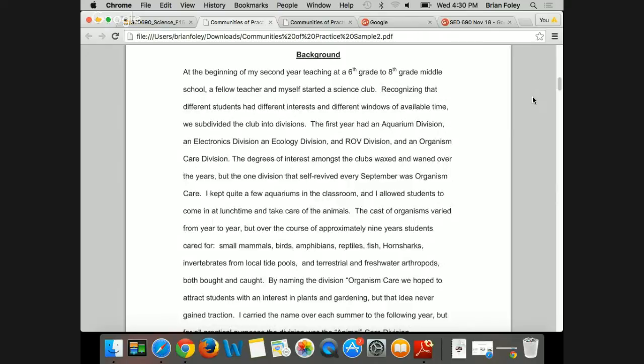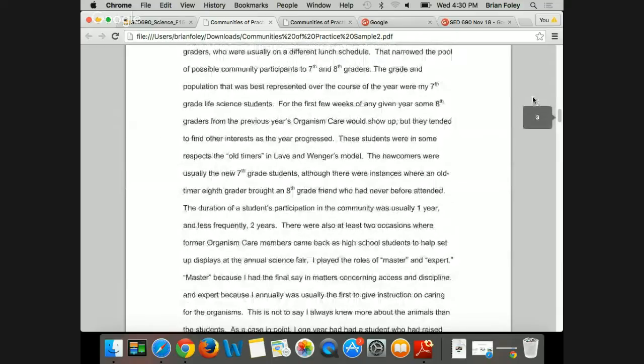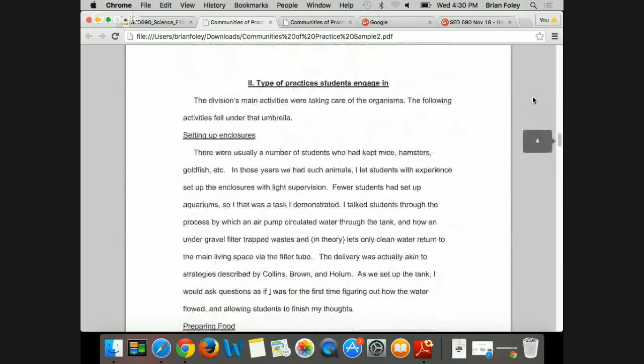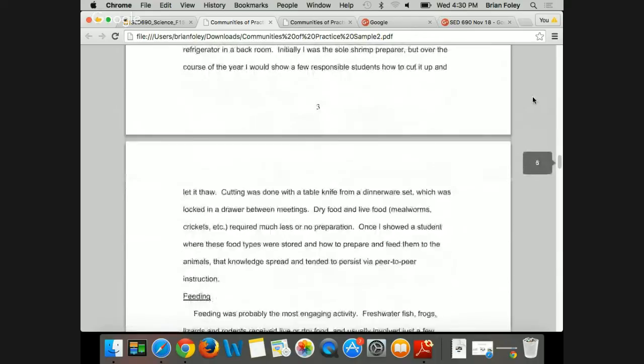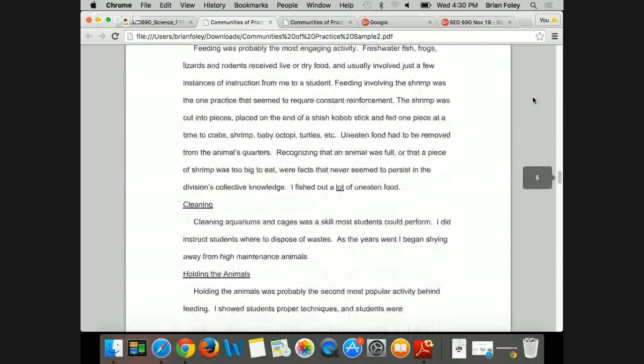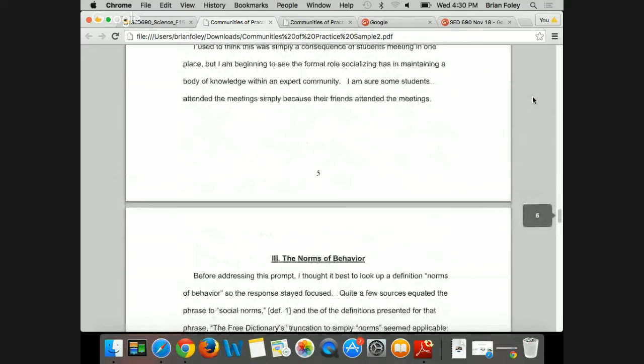Oh, okay, cool. The science club. So a science club at the school. So not part of the classroom, but sort of an outside the classroom kind of thing, as you can see. So some of the stuff that they did as a club, and how it was making them a community and how people participated. So you can see lots of examples about that.